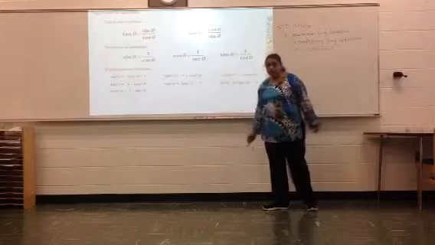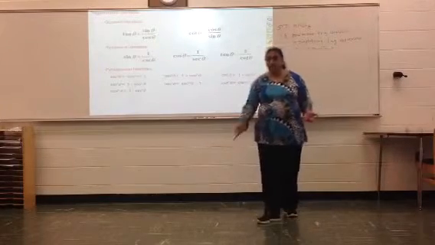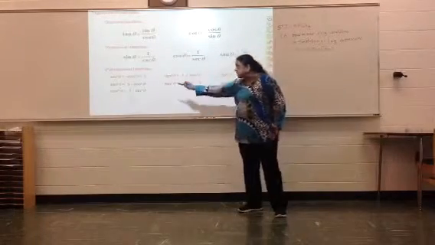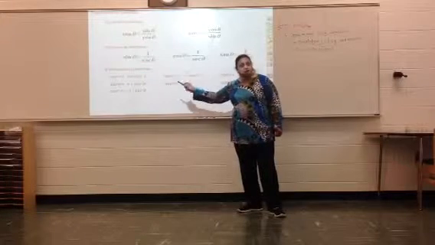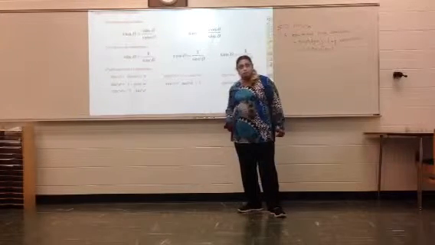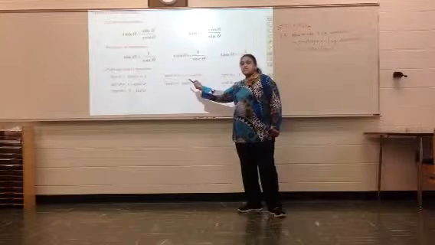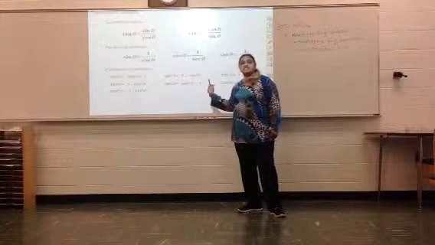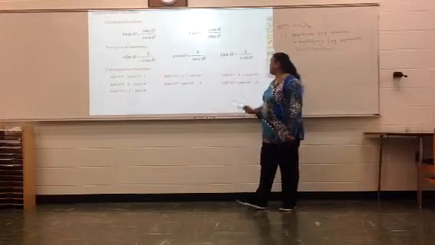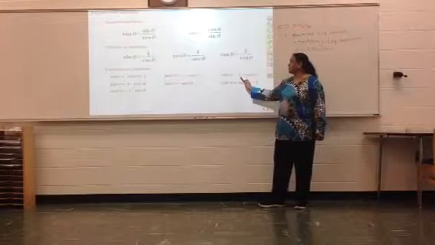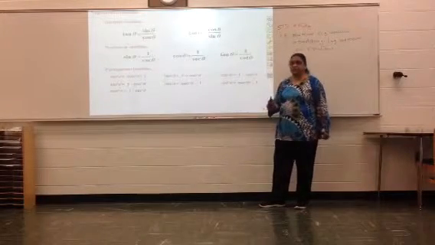And the three Pythagorean identities that we have are sin square theta plus cos square theta is equal to 1, and tan square theta plus 1 is secant square theta. And then we have cot square theta plus 1 is cosecant square theta.